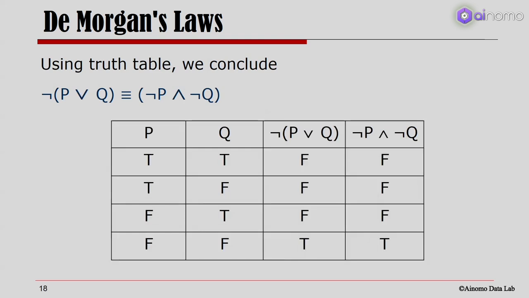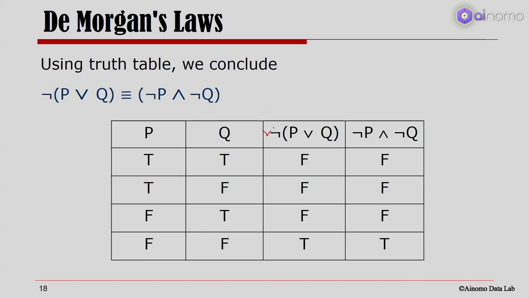Similarly, we have the second De Morgan's law, which says the negation of the disjunction, that is not of P or Q, is equivalent to not of P and not of Q. And I will leave it as an exercise for the readers to figure out that these two propositional logic formulas are equivalent.